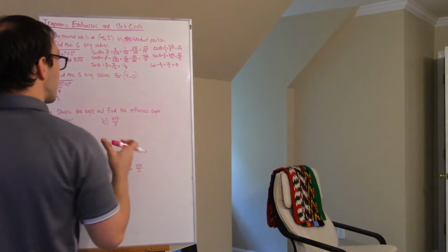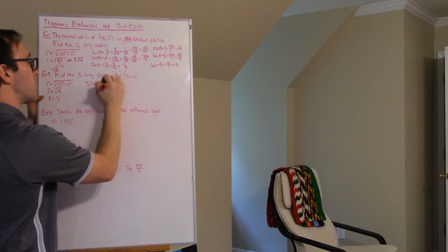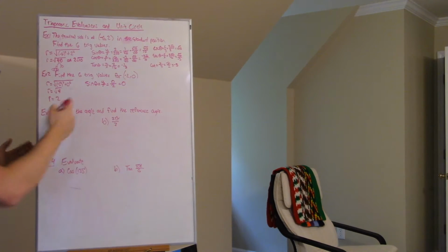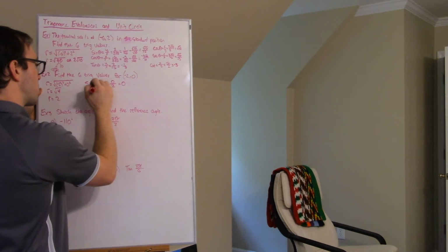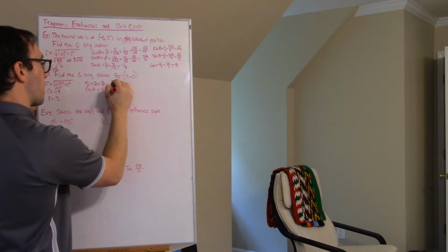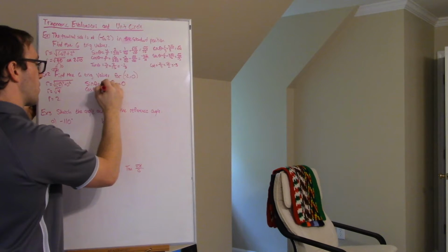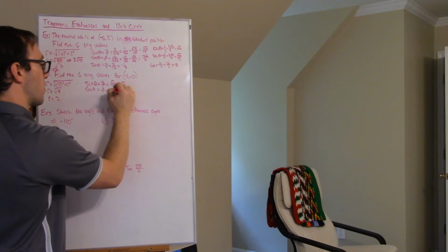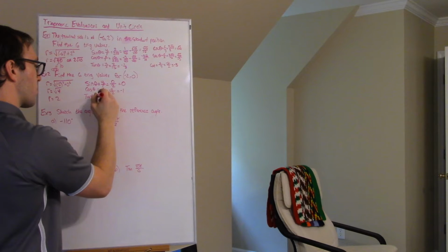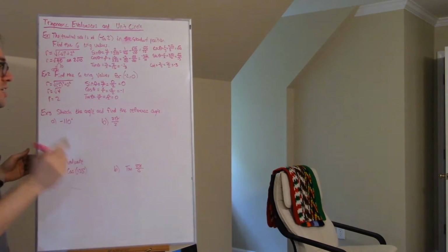So now we go through our sine and all 6 of our trig formulas. So sine is 0. Cosine is negative 1. Tangent is 0.